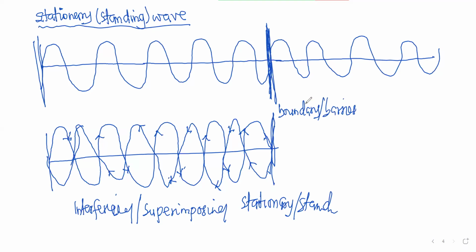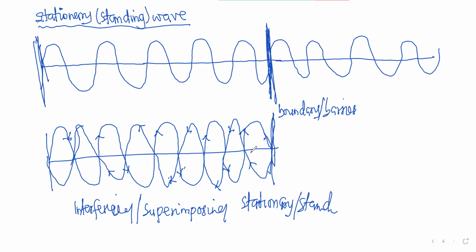When you create the boundary or the barrier, the energy of the incident wave hits the boundary and then reflects. When it reflects, they interfere. The incident wave and the reflected wave interfere with one another, creating a stationary wave.